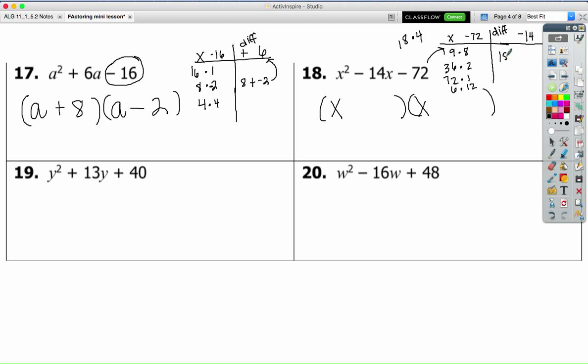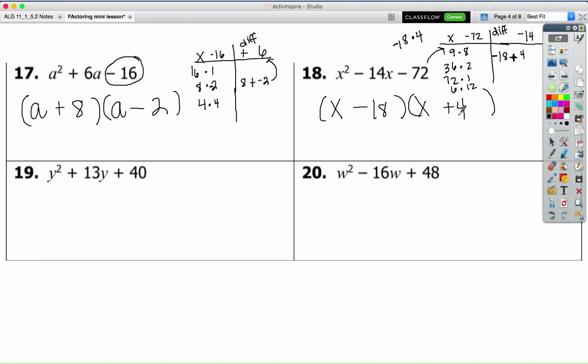So 18 and 4 is the combination of what would have a difference of negative 14. If my end result is negative 14, then the 18 must be what is negative and the 4 must be what is positive, because negative 18x plus 4x is what's going to leave us with the negative 14x. So we've got minus 18 plus 4. Those would be our factors. You could write them opposite, but you have to make sure the minus is with the 18 and the plus is with the 4.